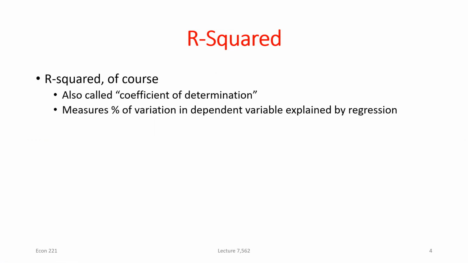The R squared tells us what percent of the variation in our dependent variable, our Y, or left-hand side variable, we were able to explain with the regression that we ran. Obviously, the closer we can get to 100%, the better. If we could explain 100% of the variation, then there's nothing left that we haven't accounted for. That's almost impossible to do, but we can get close.